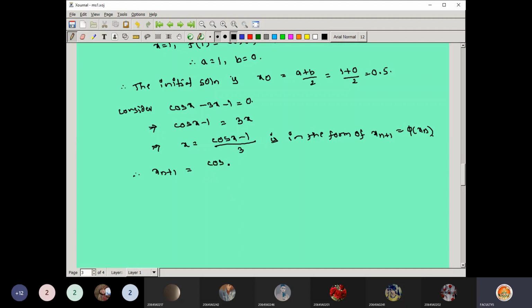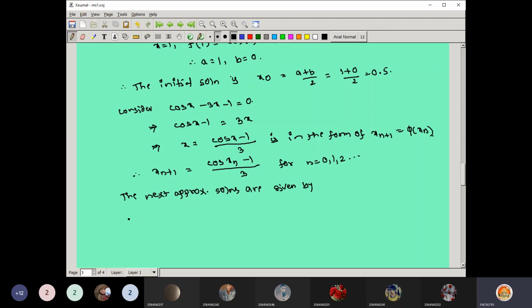So it is x n plus 1 equal to (cos of x n minus 1) divided by 3, for n taking the value 0, 1, 2 and so on. Once you get that particular expression, you calculate the next approximate solutions.